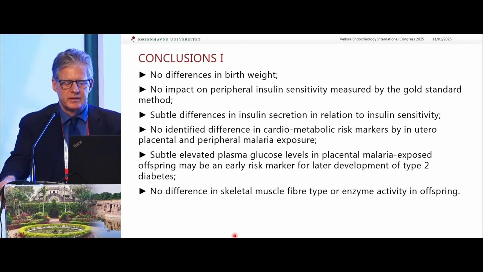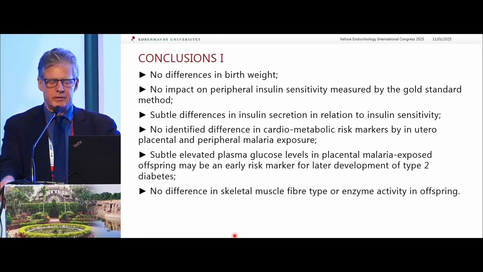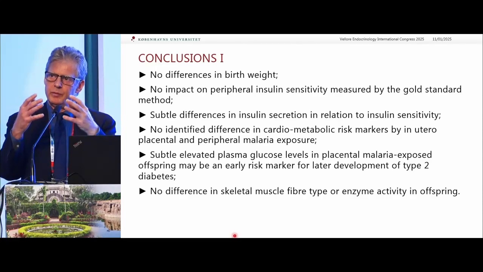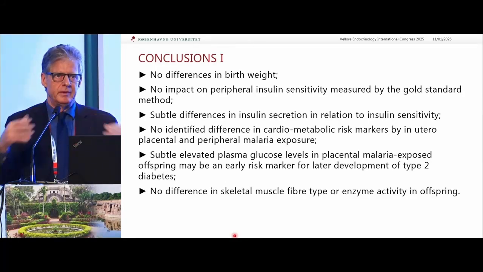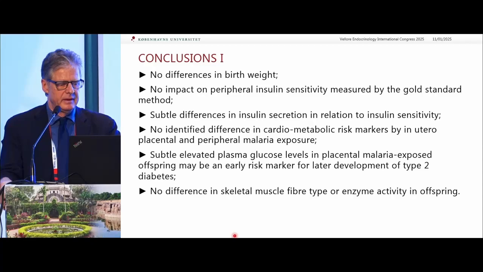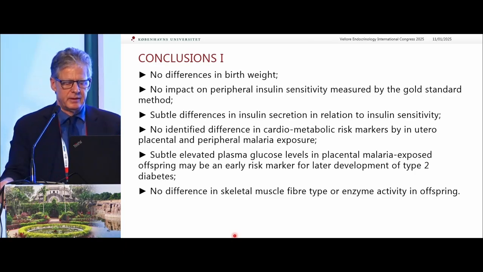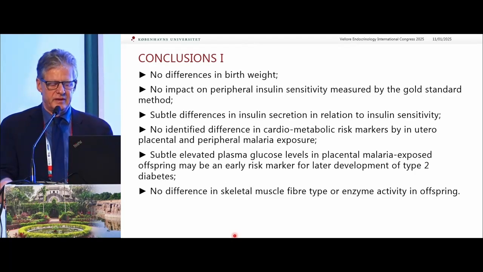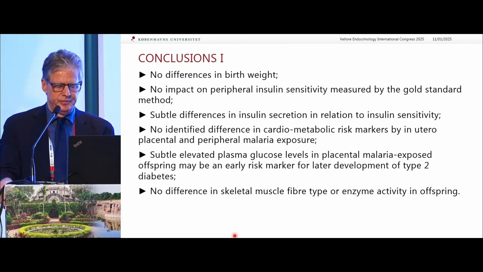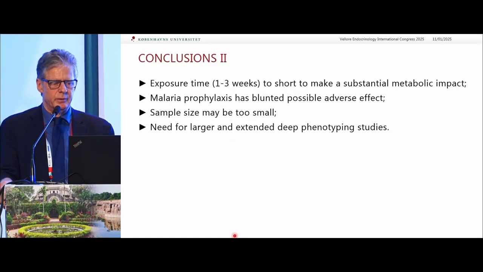And we did not identify any cardiometabolic risk markers by in utero, placental and peripheral malaria exposure between these two. So maybe we could add them and look at them as one group. That's a possibility. And these subtle elevated plasma glucose levels that I already mentioned were seen, and no difference in skeletal muscle fiber type or enzyme activity in the offspring was seen between the three groups.